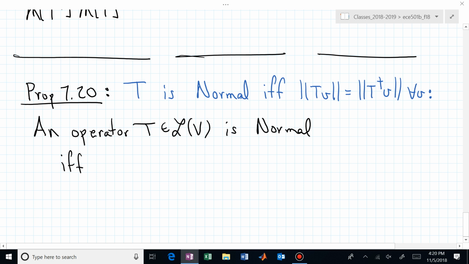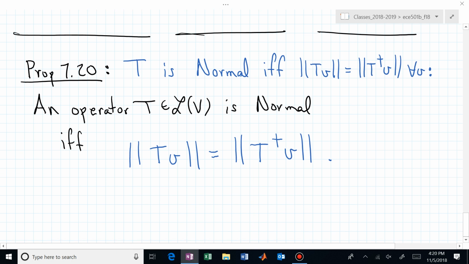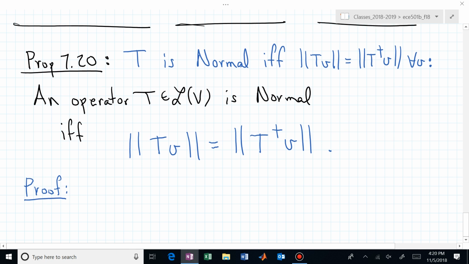An operator T, that's what we mean by T as an element of L of V, is normal if and only if the norm of Tv is equal to the norm of T dagger v. So let's show or prove that. What's the proof? Well, we're starting with T being normal.